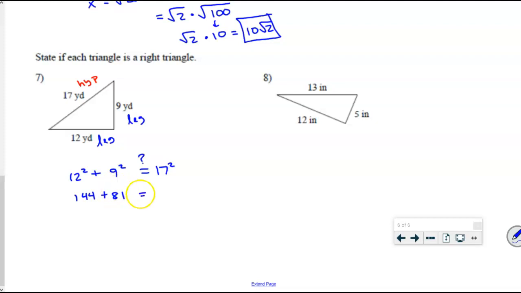And again, I'm asking, is that equal to 17 squared? 17 squared is equal to 289. 144 plus 81 is actually equal to 225. So is that equal to 225, 17 squared? No. So is this a right triangle? No. If it were a right triangle, the Pythagorean theorem would have worked. So my justification is no, the Pythagorean theorem did not work.